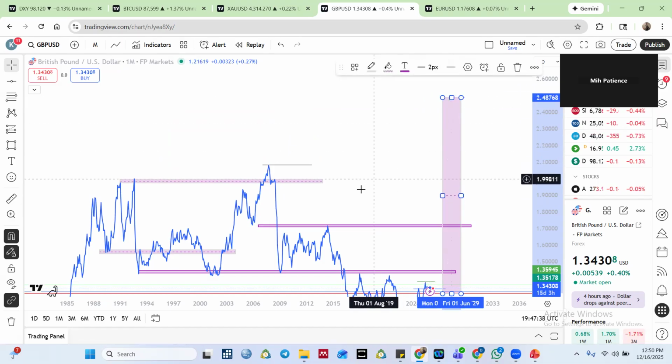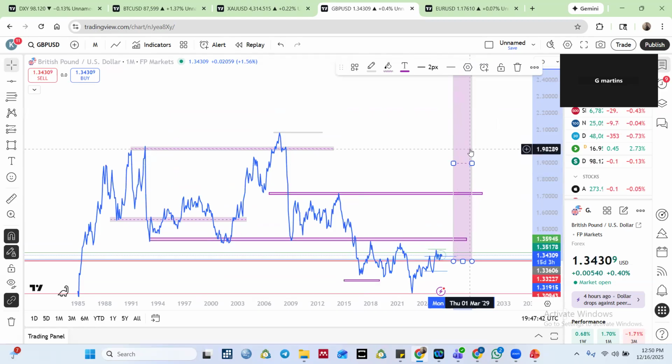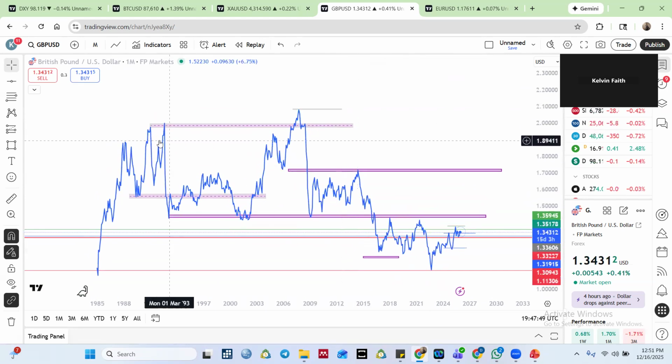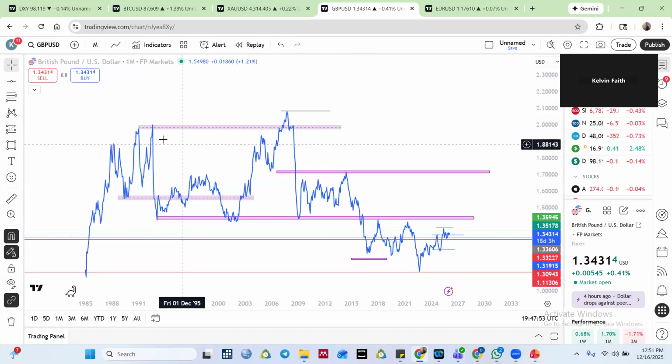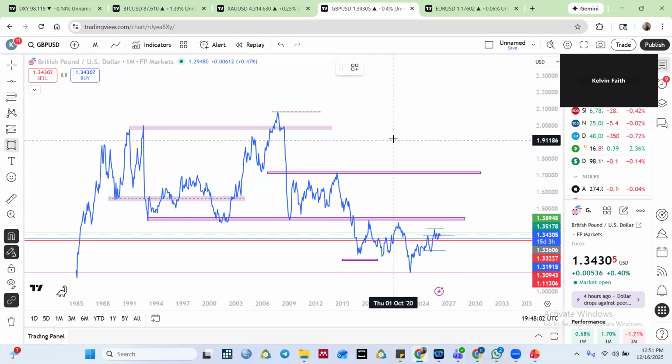Yes, sir. You have an unmitigated zone there. I'm not even talking about unmitigated anything. I'm just talking about the structure. The structure shows that the market would, in the future, no matter how many years it will take, continue this bullish market because it has broken this high.